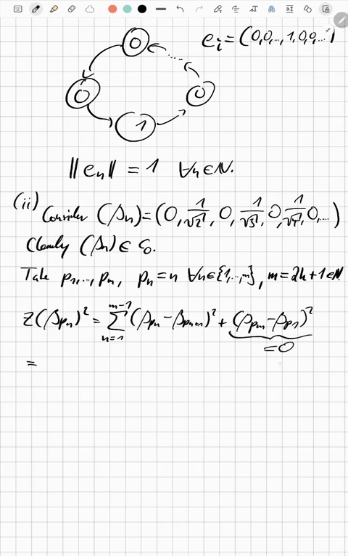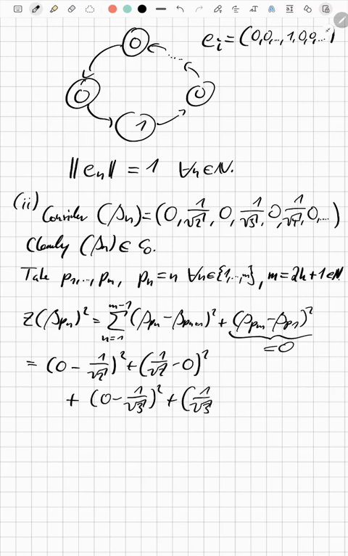This is just 0, and the rest, well, we have 0 minus 1 over square root of 2, and then 1 over square root of 2 minus 0 squared, plus 0 minus 1 over square root of 3 squared, plus 1 over square root of 3 minus 0 squared, and so on, up until we get 0 minus 1 over square root of k squared, plus 1 over square root of k minus 0 squared.